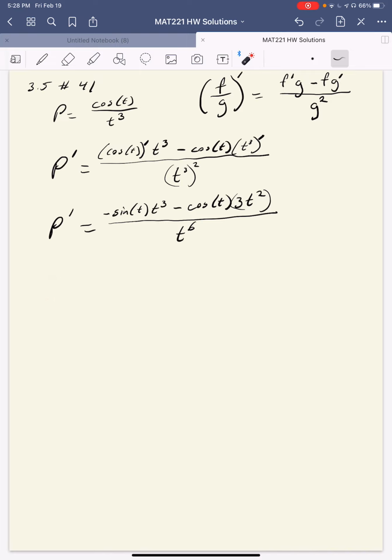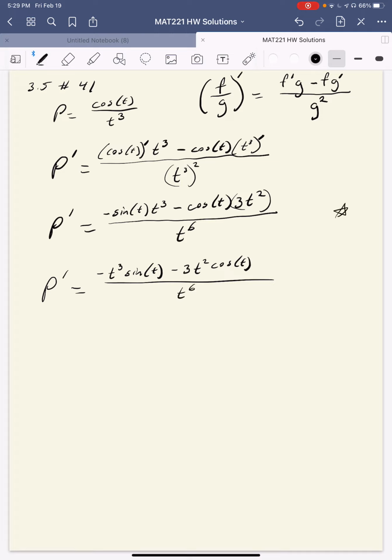But you might want to rewrite this as negative, and even here we could pull that, it's negative t cubed sine t minus 3t squared cosine of t all over t to the sixth. Either one of those forms is fine.